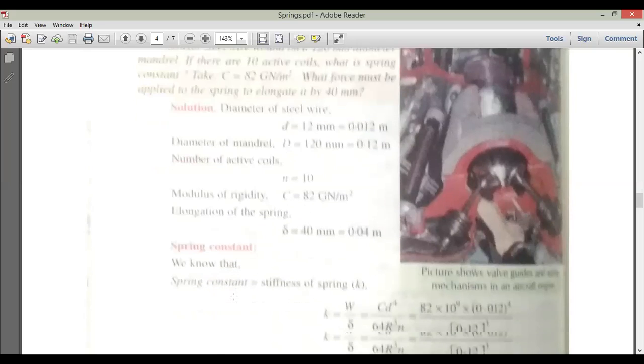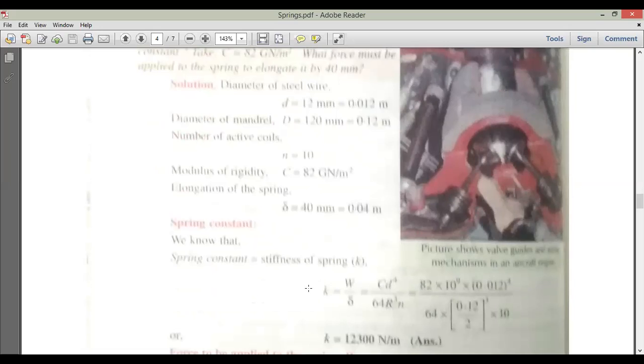Then spring constant, we know spring constant is equal to stiffness of the spring. So K equals W by delta. So W, as we know, is C d to the power 4 by 64 R cube n, and we have earlier found this value.